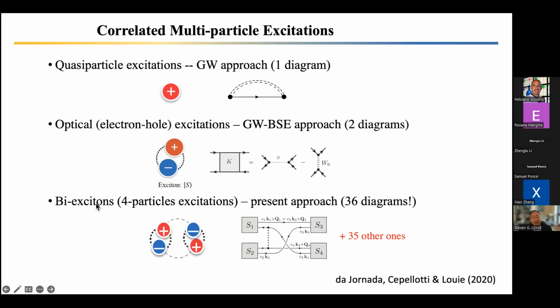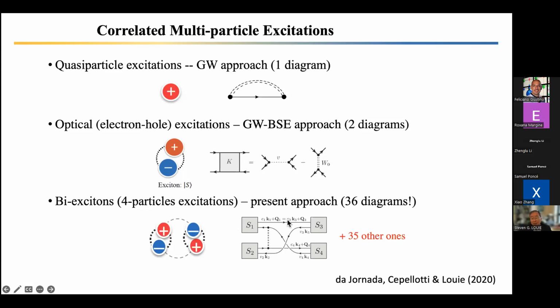For bi-excitons, which is a 4-particle correlated excitation, within the interacting Green's function approach, one now has to solve 36 diagrams of this kind, which involve 4 particle lines. This seems very complicated, but it's actually doable.